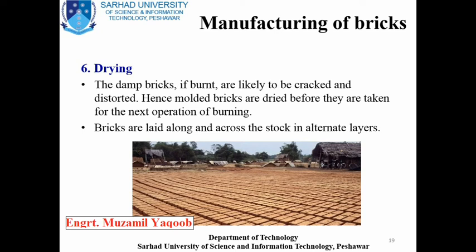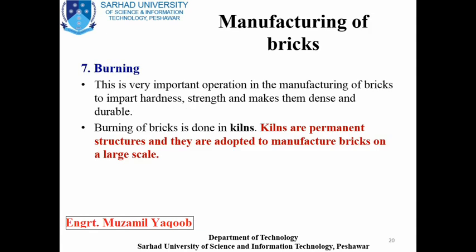So now moving towards the next slide. Burning is the last stage of brick making, which usually imparts hardness and strength to the bricks. The burning of bricks should be done properly. The bricks should not be overburned as well as underburned.